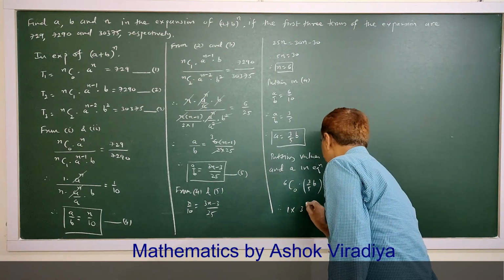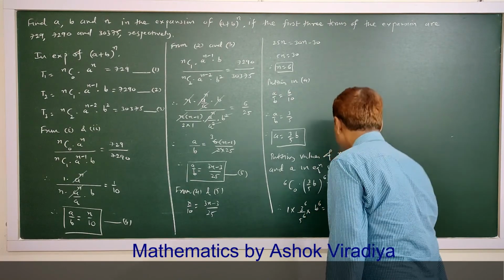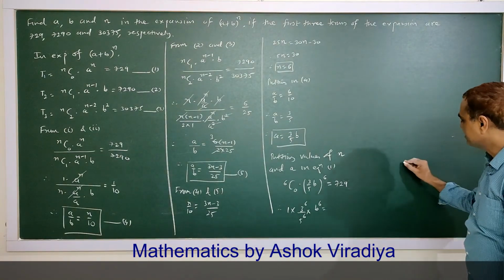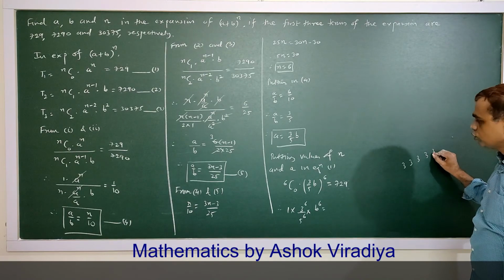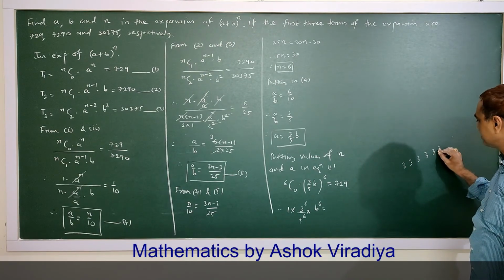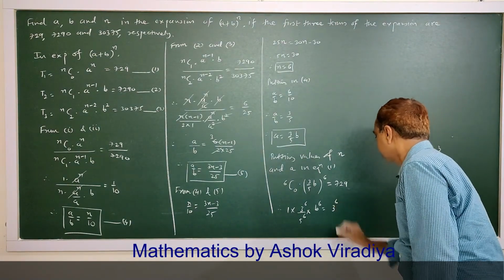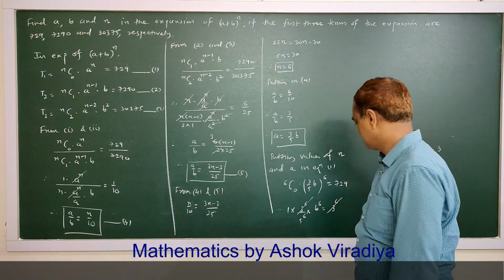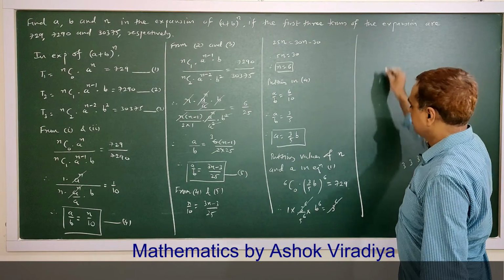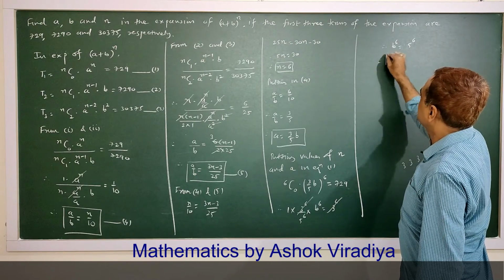This is 3 raised to 6 upon 5 raised to 6 into b raised to 6 equal to 729. Now 729, 3 into 3 is 9, 9 into 3 is 27, into 3 is 81, into 3 is 243, into 3 is 729. So it is 3 raised to 6. So this will be cancelled. So b raised to 6 is 5 raised to 6. So value of b is 5.